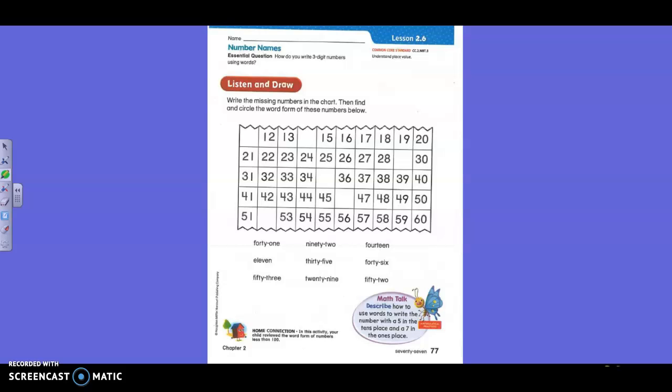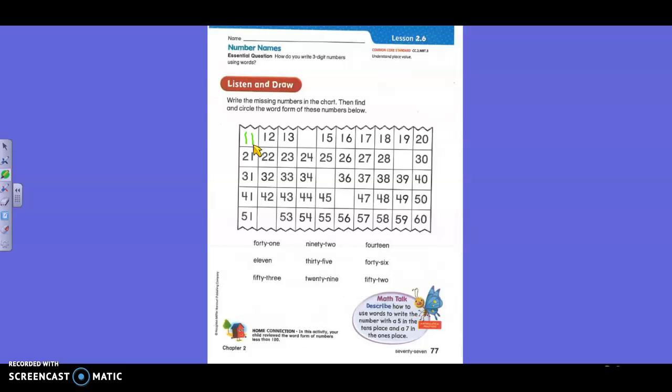Okay, boys and girls, how do you find the missing numbers for the first row? How did you find them? Liam? I just counted. Okay, you counted up by ones? You started at 11, because what's this missing number? 11.